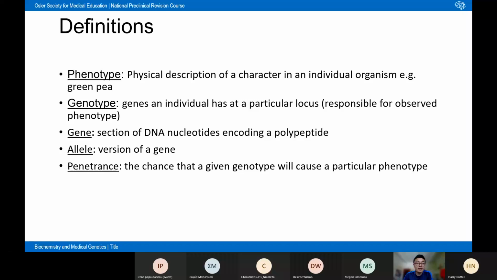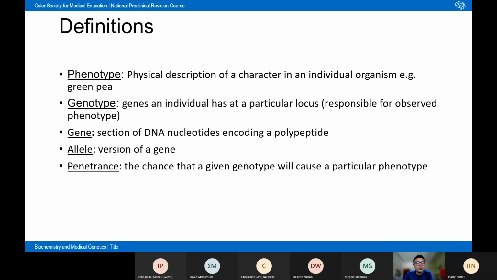Linking nicely to that is a gene, which is just a section of DNA nucleotides which encodes a polypeptide. Genes specify the phenotype at both a gross morphological level and at a molecular level, in terms of the protein products, the RNA products, etc. Alleles are versions of genes, and we'll be talking a lot about alleles later on and how we can measure different levels of alleles and consider the different dominant and recessive forms of alleles.